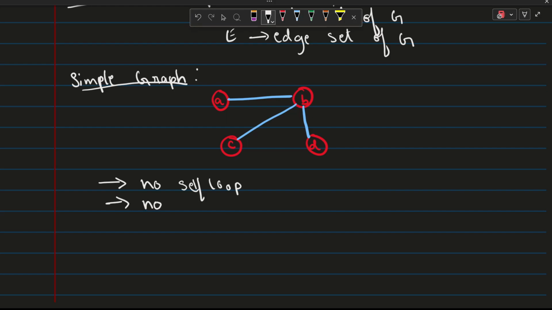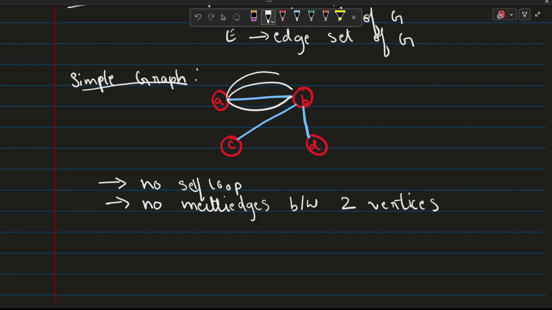It does not have multi edges between two vertices, which means A and B don't have more than one edge between them.